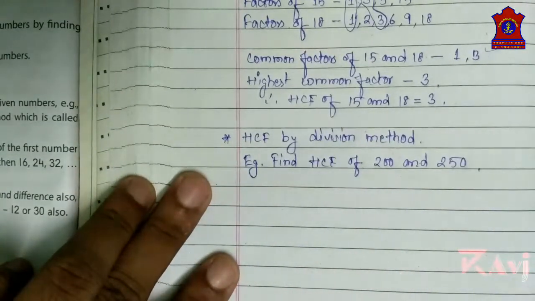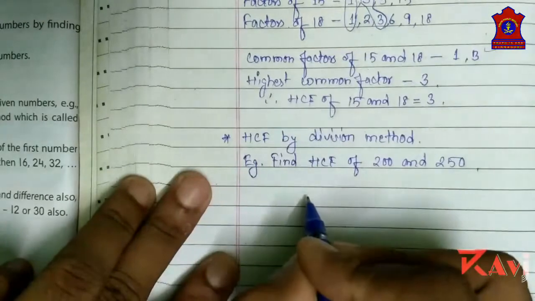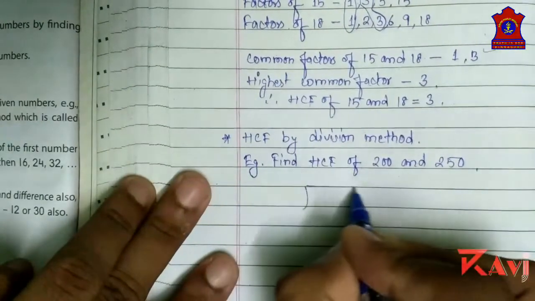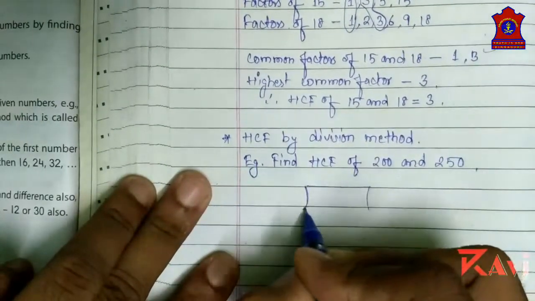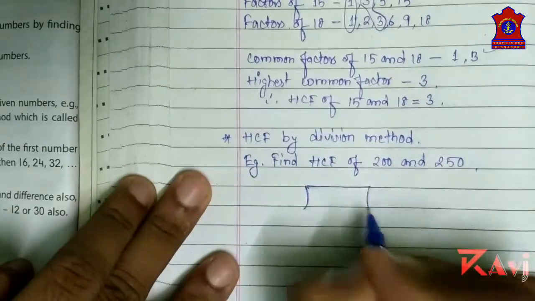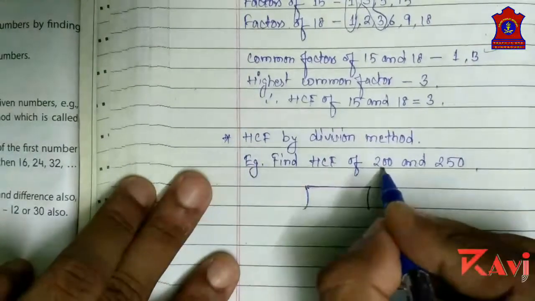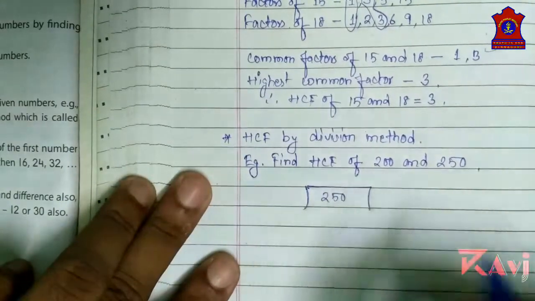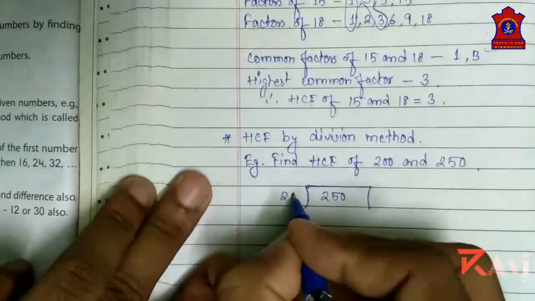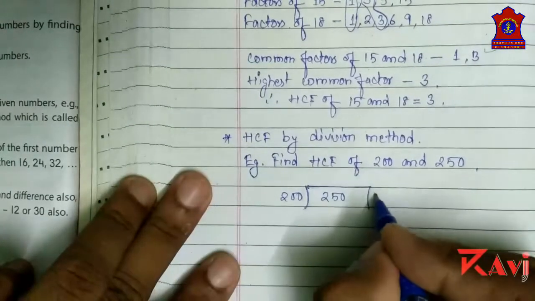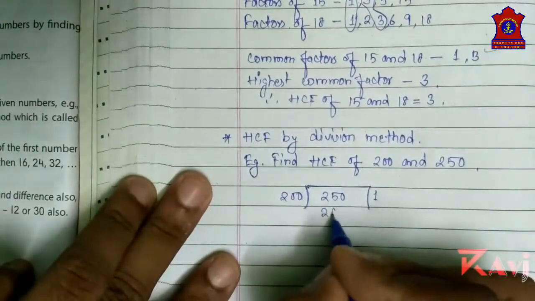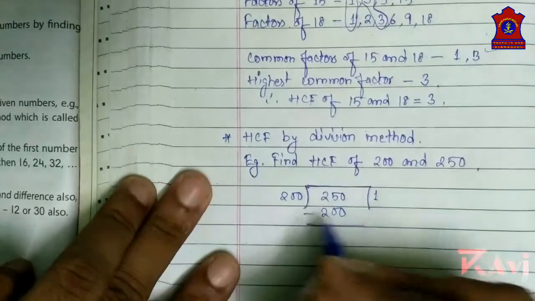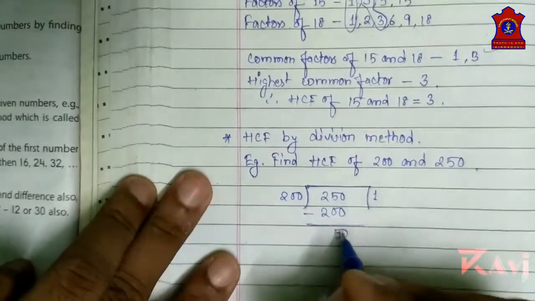In this case, we are going to use HCF by division method. Okay, so you know how to divide, so we will be using the same division here, but the division will be a little different. Okay, see which is greater. 250 is greater, it will be the dividend. 200 is the divisor. 200 ones are 200. What is left here? 50.